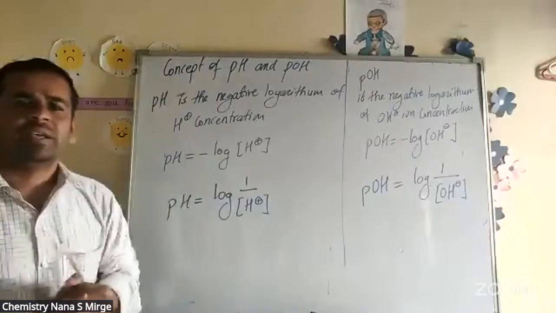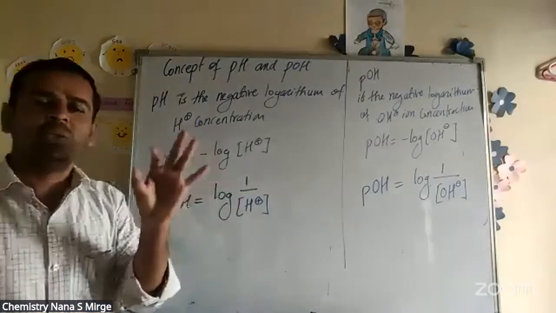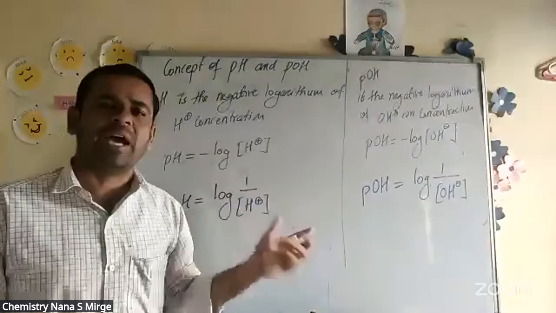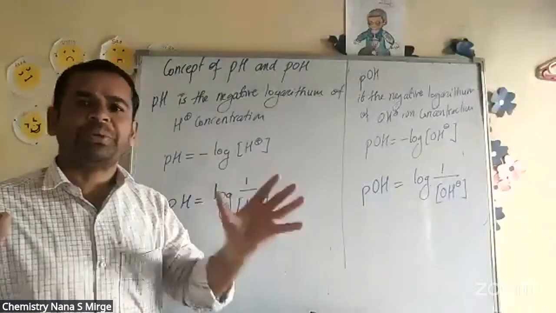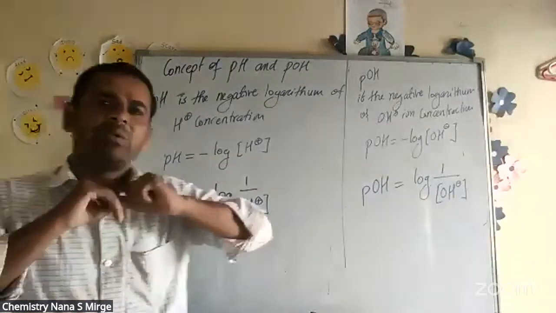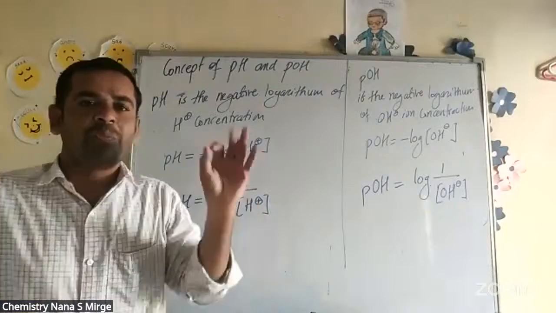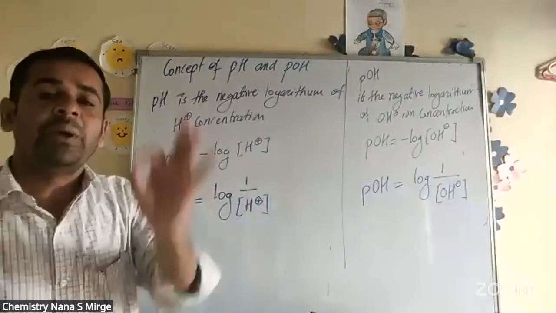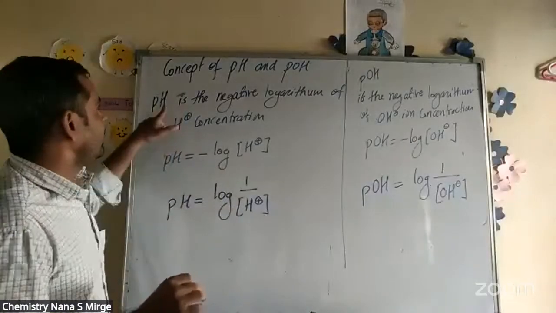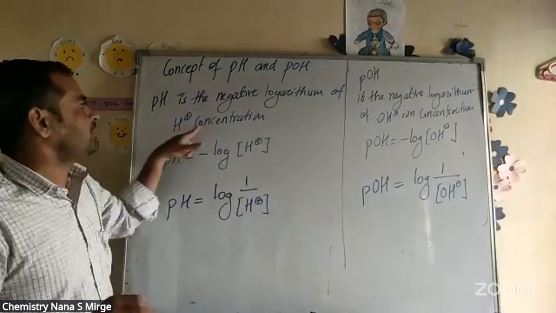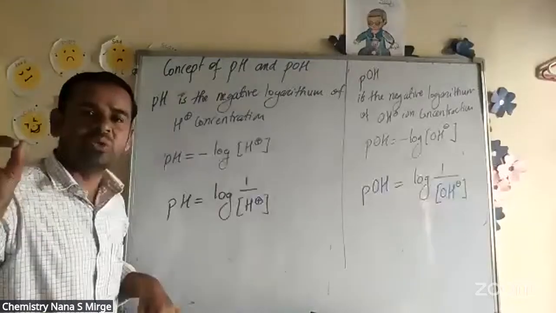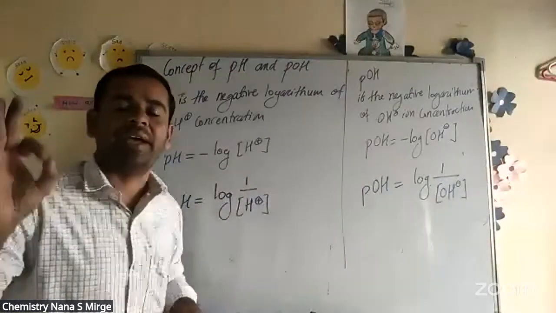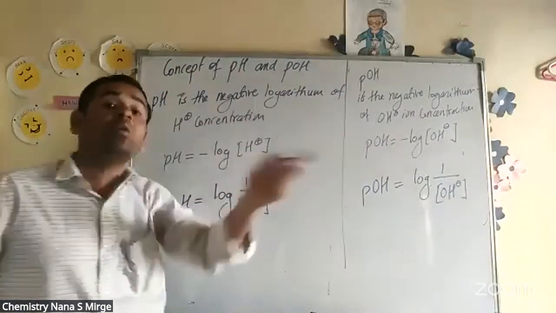Simple. Every time you use the word pH, pH बढ़ गया, pH कम हो गया. So purely, what is the meaning of pH? pH is nothing but the negative logarithm of H plus ion concentration. How much H plus ion is present, and take a negative logarithm.